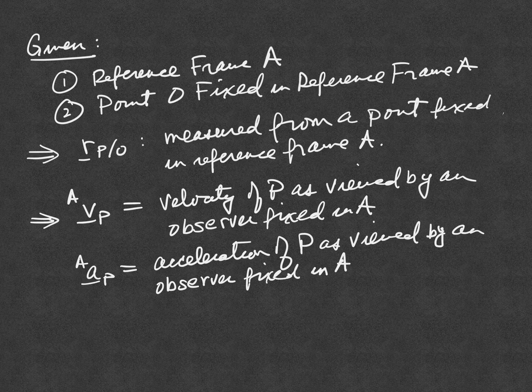And the only reason that this is true is because point O is fixed in reference frame A. If point O were fixed in some other reference frame, this statement is not true. It's only true because we're measuring distances from a point fixed in the frame in which we're taking the rate of change.